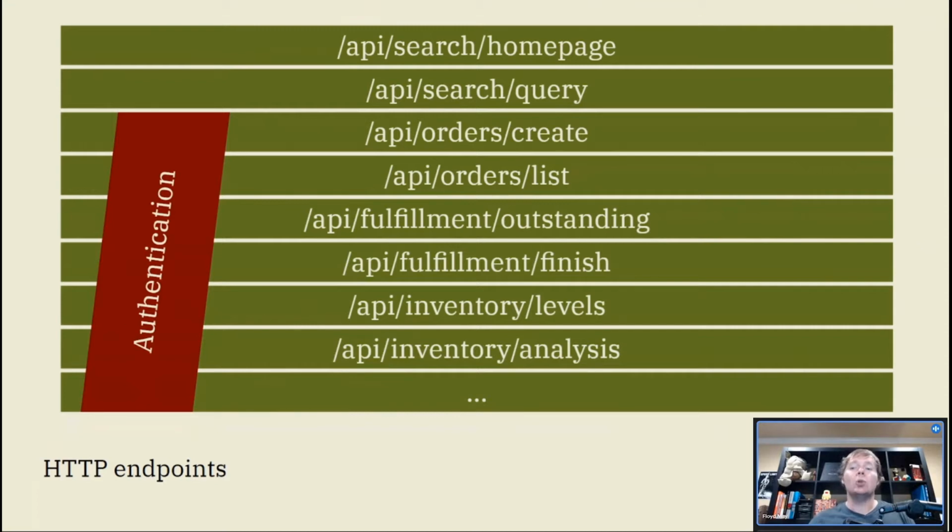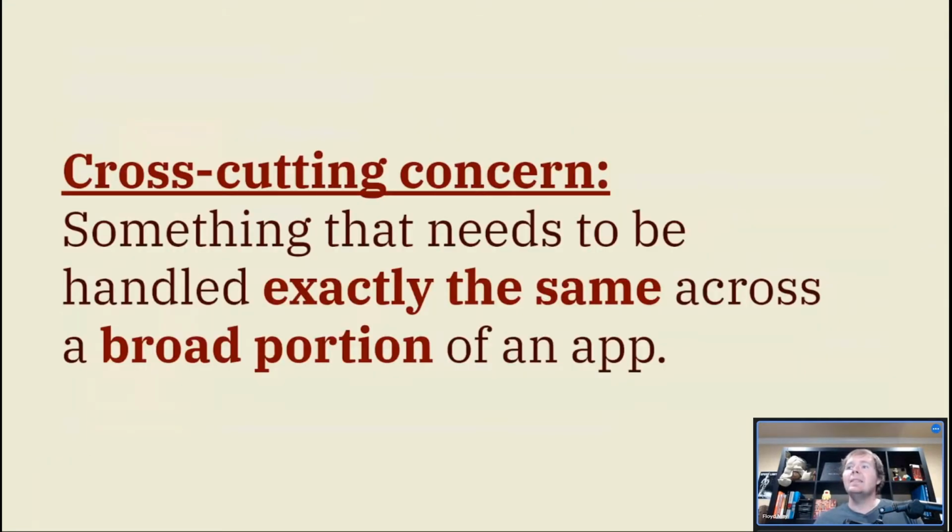The idea behind a cross-cutting concern is this: it's something that needs to be handled exactly the same across a broad portion of an app. Regardless of what functionality is represented by some particular area of an application or a specific endpoint, a cross-cutting concern needs to apply to that one area exactly the same as it's applied to another one, and another one, and so on throughout the app.